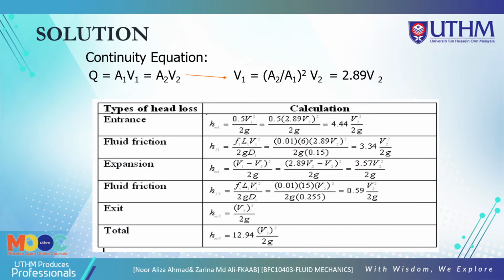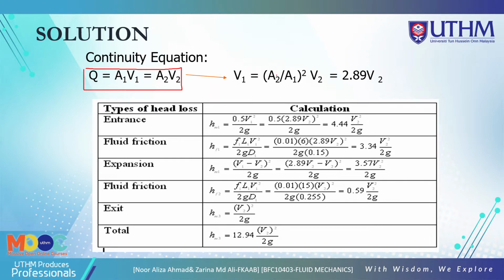Now we use the continuity equation for the basic assumption of pipe in series. We know that A1 V1 is equal to A2 V2.